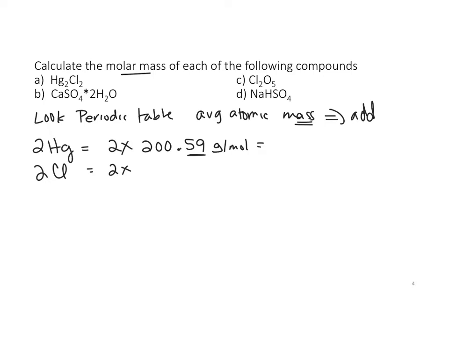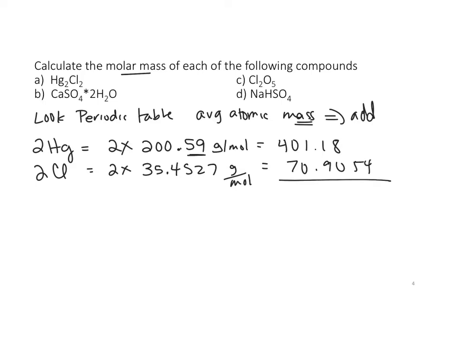Chlorine is 2 times 35.4527. 2 times 200.59 is 401.18. 2 times 35.4527 is 70.9054.